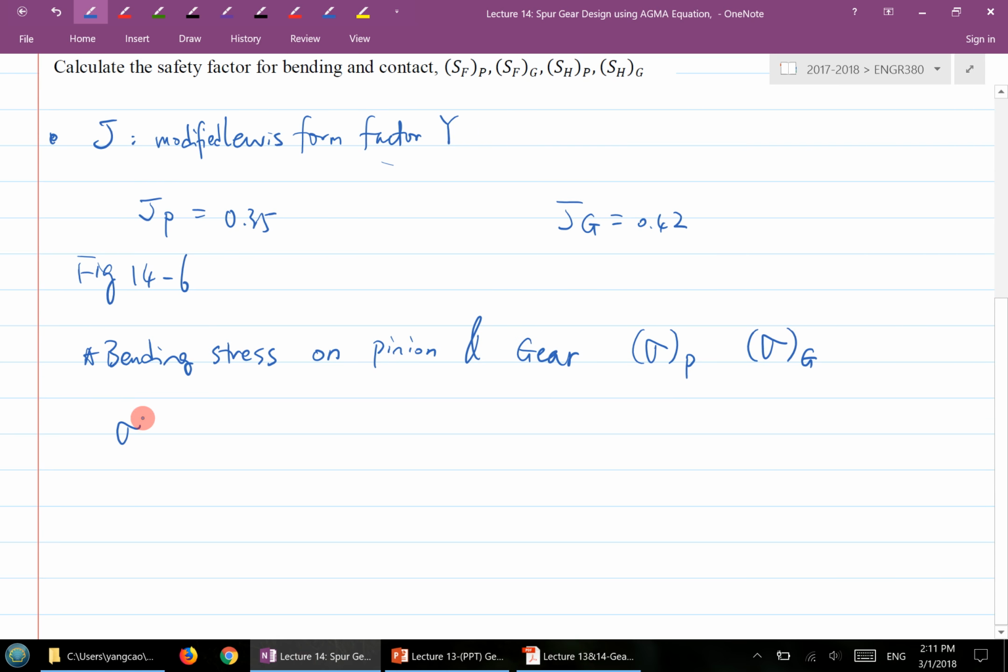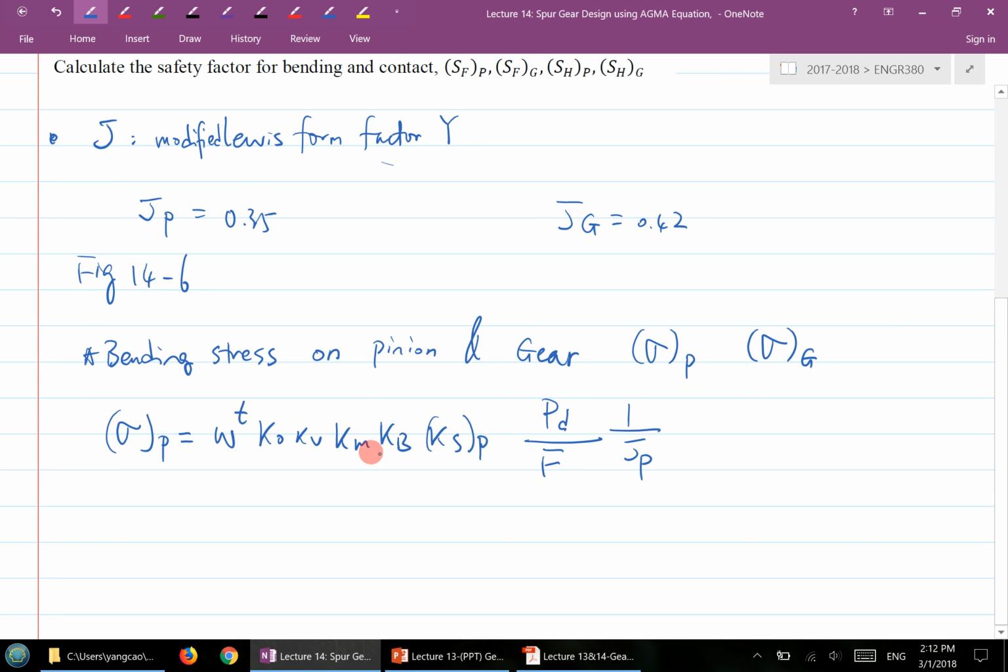Sigma for the pinion is Wt, Ko, Kv, Km, Kb, and then there's a size factor. Now the size factor is different for the pinion and the gear, if you recall, it has a different value. And then diametral pitch divided by face width, and then 1 over that geometry factor, Jp.